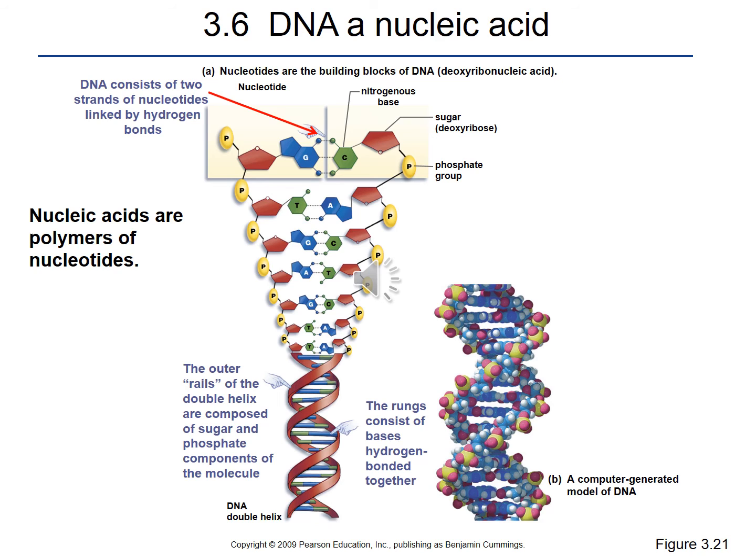In the middle, where the rungs of the ladder would be, that is where the nitrogenous bases are. And holding those nitrogenous bases together is hydrogen bonding. And we'll get to looking at what the nitrogenous bases are here in a little bit.